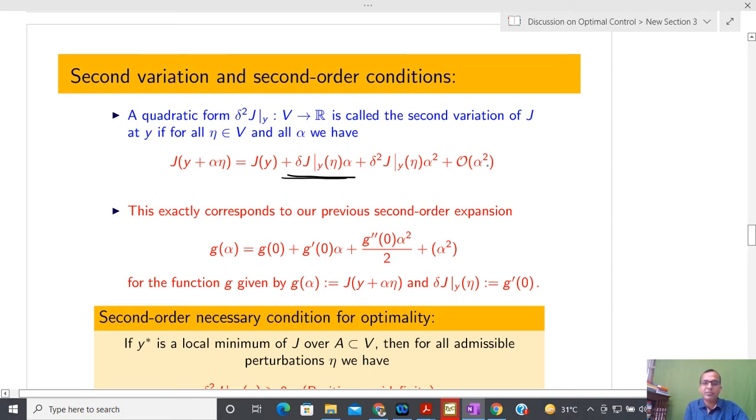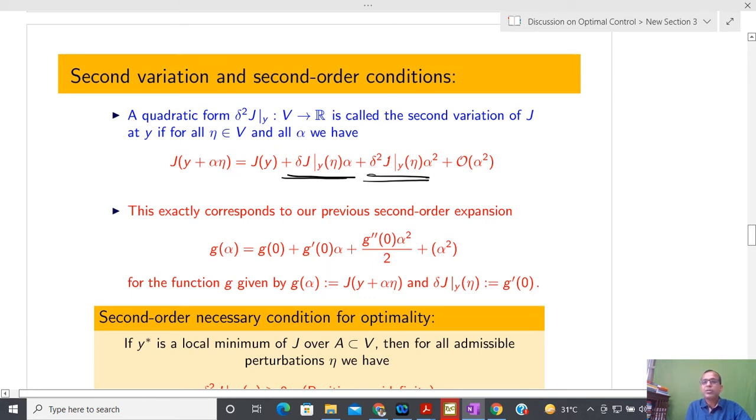Whenever we talk about second order variation, it means that I am going to talk about one more order of terms, and same like the finite dimensional optimization problem, now we have to consider this quadratic term also. Quadratic term means now we are going to talk about a bilinear thing here.